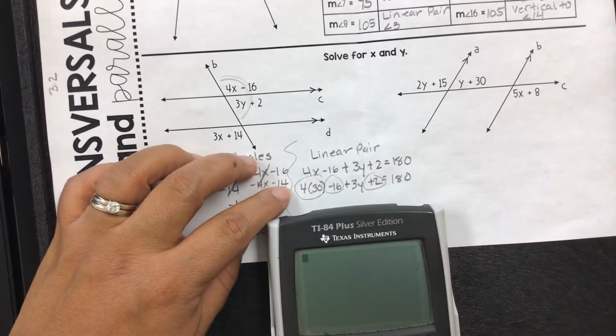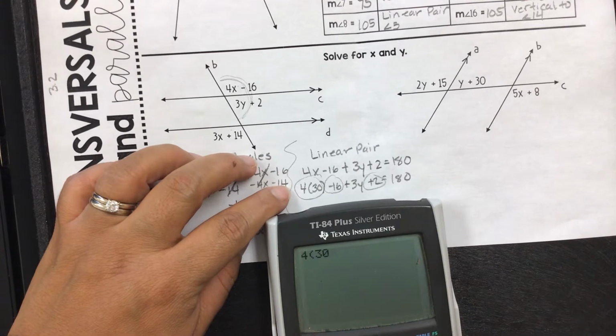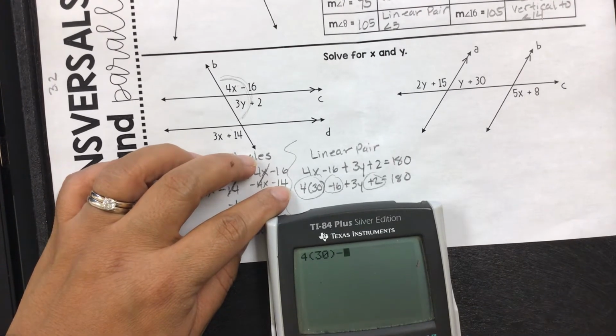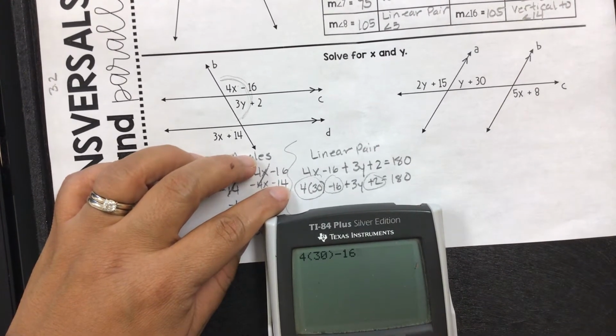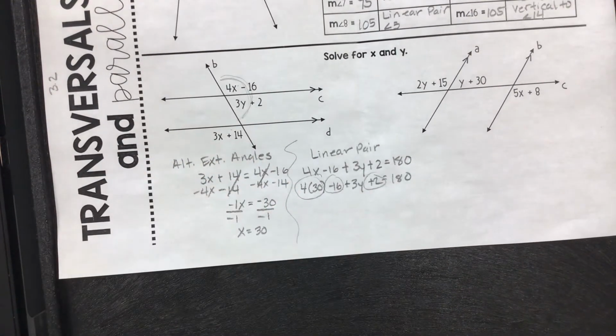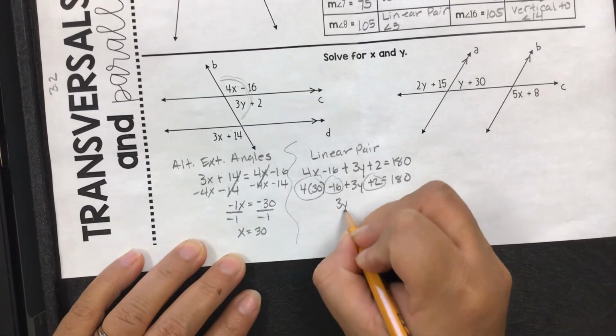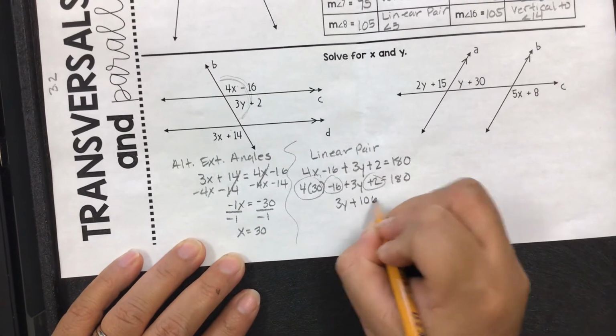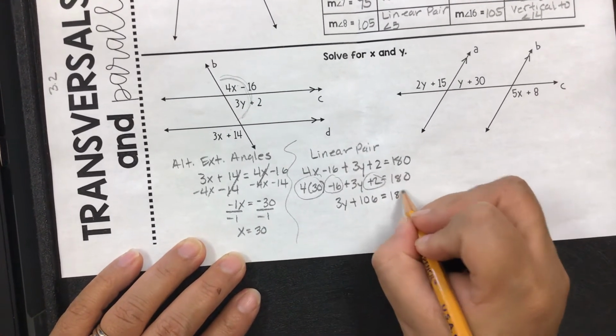That would give you 4, open parentheses, 30, minus 16, plus 2, 106. So that means that we write 3y plus 106, since it was positive, is equal to 180.